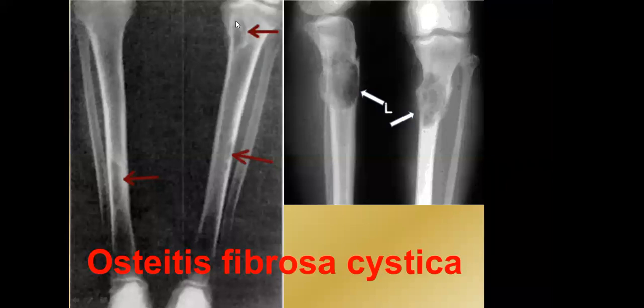Look, this is fibrosis, due to the resorption of the bone in the form of cysts. Osteitis fibrosa cystica. It is clear what I mean by high turnover bone disease. Clear? Inshallah. Okay.